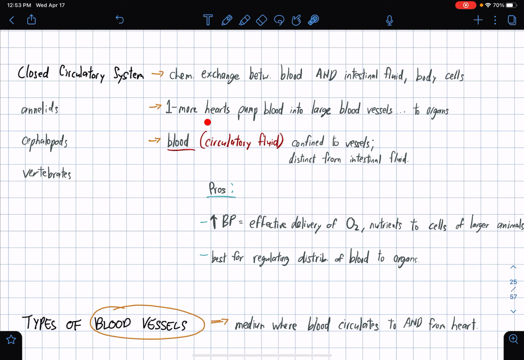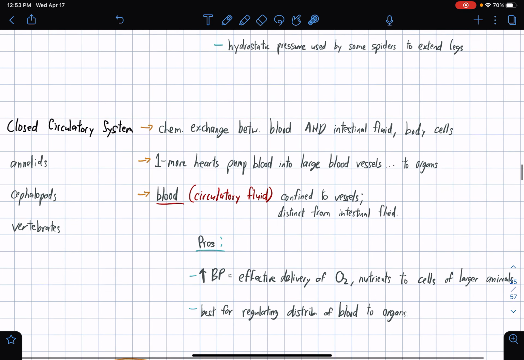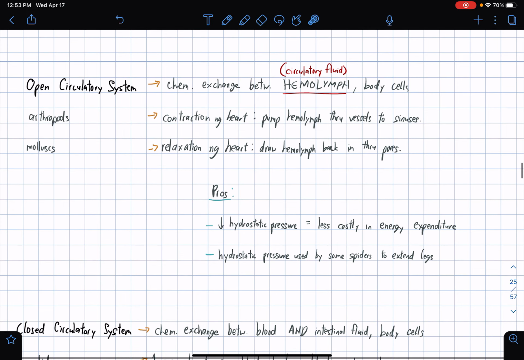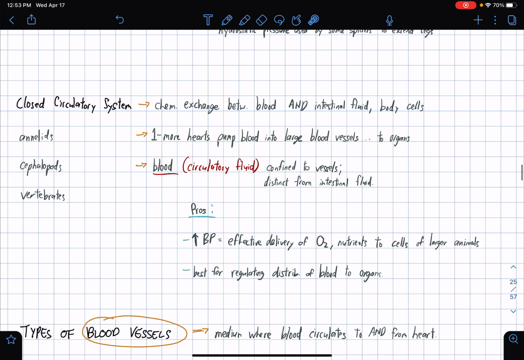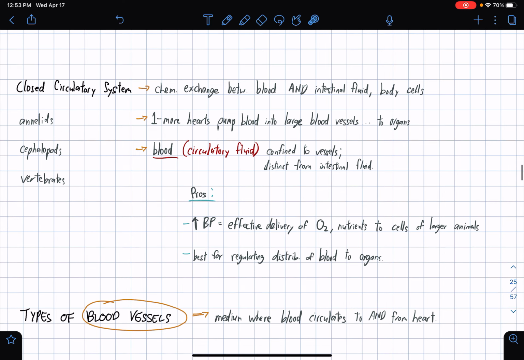Basically, they have three hearts, so technically they're classified as having a closed circulatory system. They pump blood into large blood vessels and ultimately to the organs. By the way, the circulatory fluid in an open circulatory system is called hemolymph. In a closed circulatory system, it's called blood. Blood is confined to vessels and is distinct from interstitial fluid.